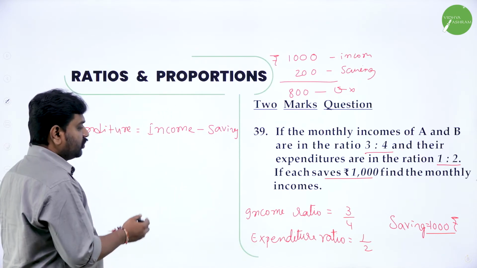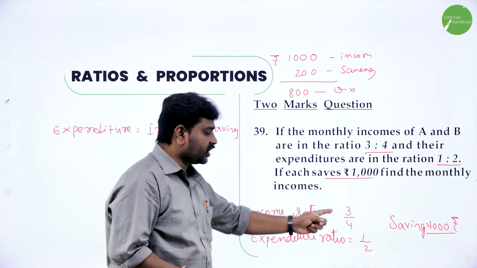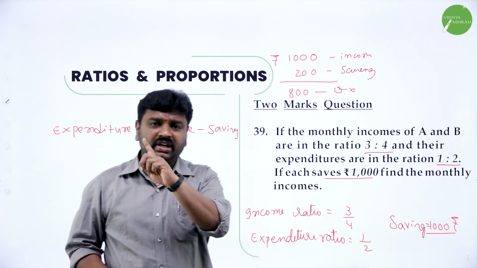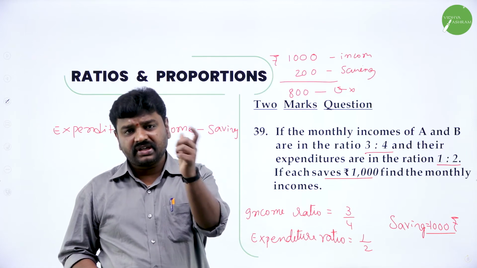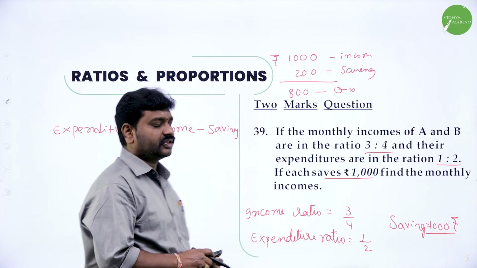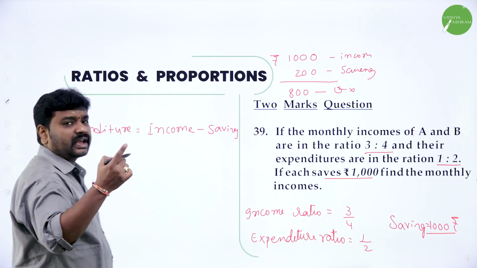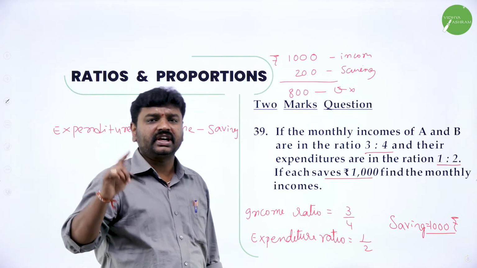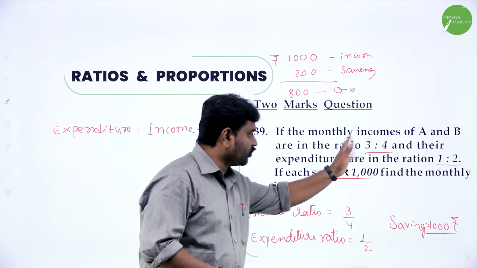Whenever they give income in ratio, whenever they give anything in ratio, you take antecedent times x and consequent times x. So 3:4 means you take 3x and 4x. Earlier for angles they gave 3:4:5, and we took 3x, 4x, 5x. So now income they give 3:4.